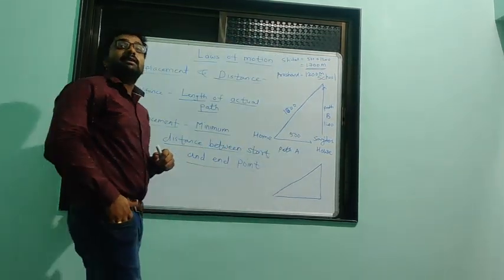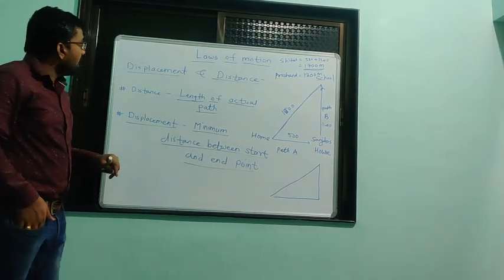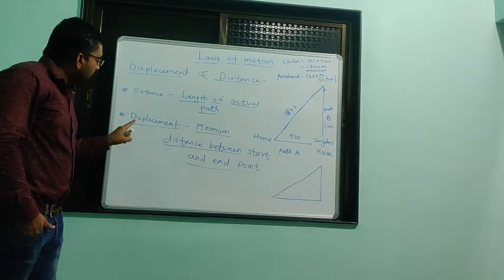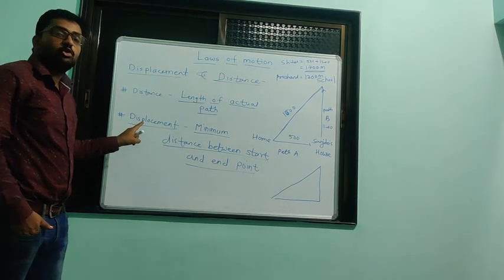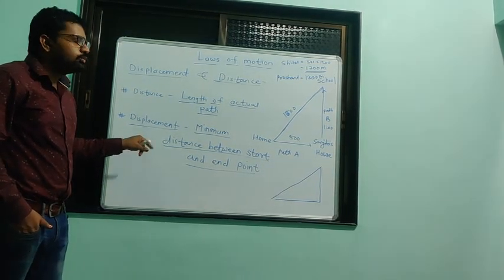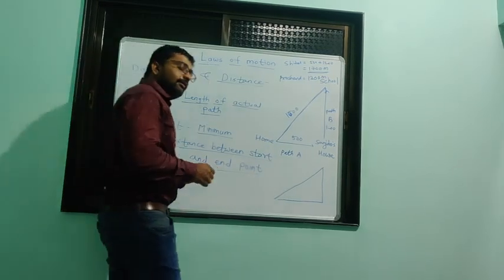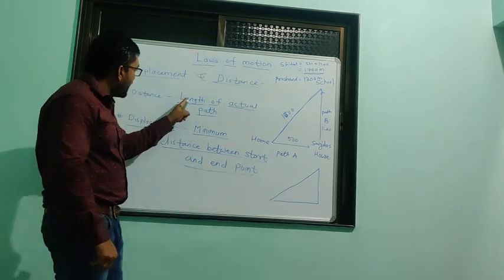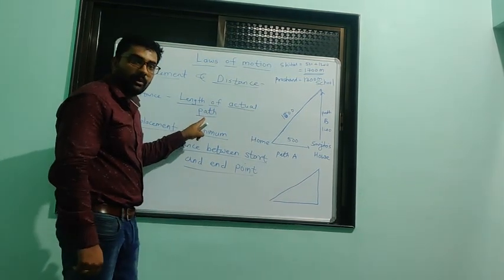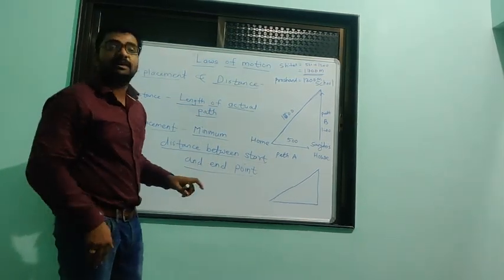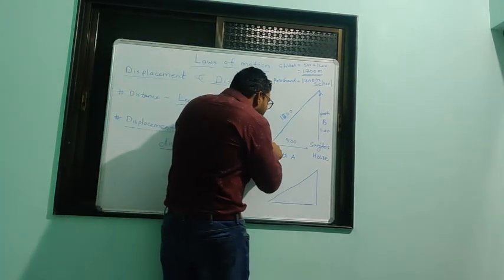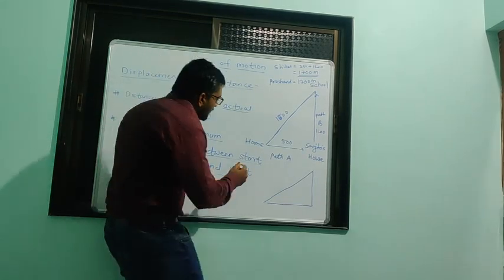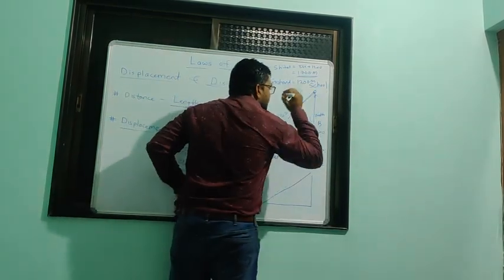Now the question is who has to cover more distance and who has the shortest displacement. Look here, distance is the actual path covered, the length of the actual path, and displacement is the distance between the starting point and the ending point. Both start from here and end here.